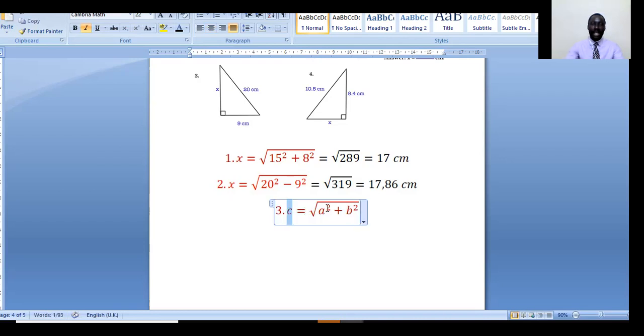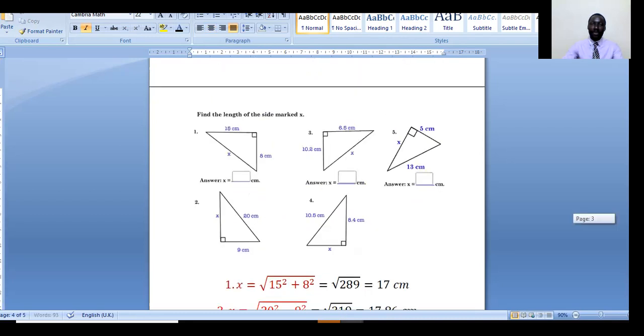Now notice that x in this case is what we are representing with c, and so we have to put it right away. Now what is a going to be? Well, a is going to be 6.5 and b is going to be 10.2. Even if you interchange their positions here, it will not affect the final answer. You could say a is 10.2 and b is 6.5, or a is 6.5 and b is 10.2.